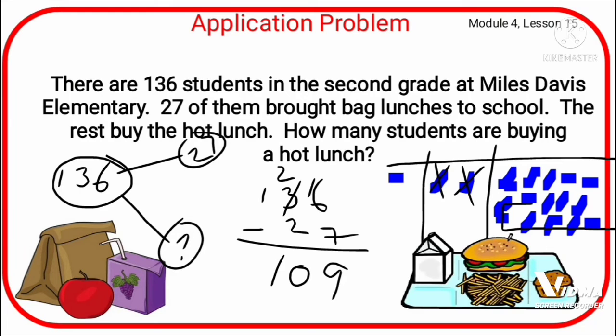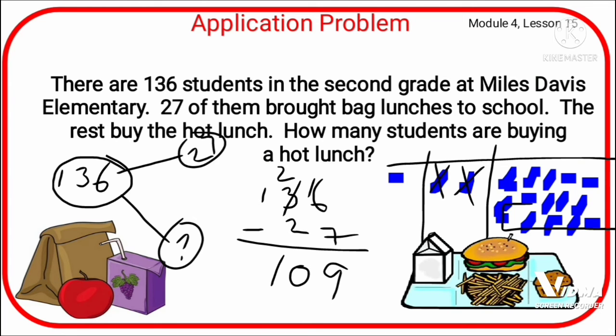Well, here is an application problem. There are 136 students in the 2nd grade at Miles Davis Elementary. 27 of them brought bag lunches to school. The rest buy the hot lunch. How many students are buying a hot lunch?